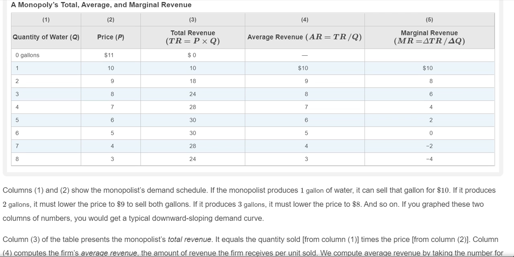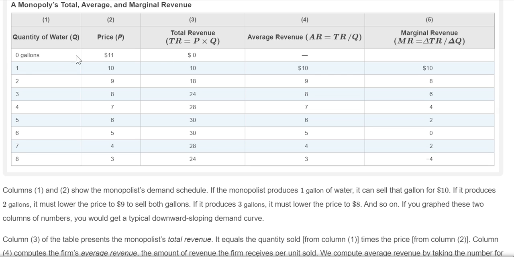All right, let's look at this. This is a monopoly's total, average and marginal revenue. Let's look at each one of these. First, let's look at how total revenue is computed. Total revenue is computed by taking the number of units that has been produced times the price that the market sets for that particular quantity.